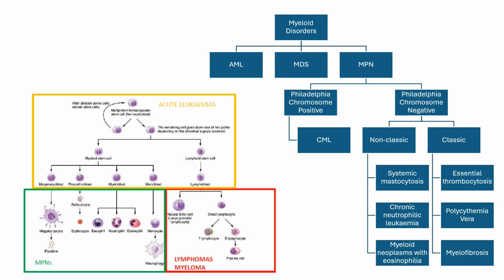So just to recap where CML fits within the other myeloproliferative neoplasms and myeloid disorders, if we just have a quick look at this image. I've just created a table of myeloid disorders.